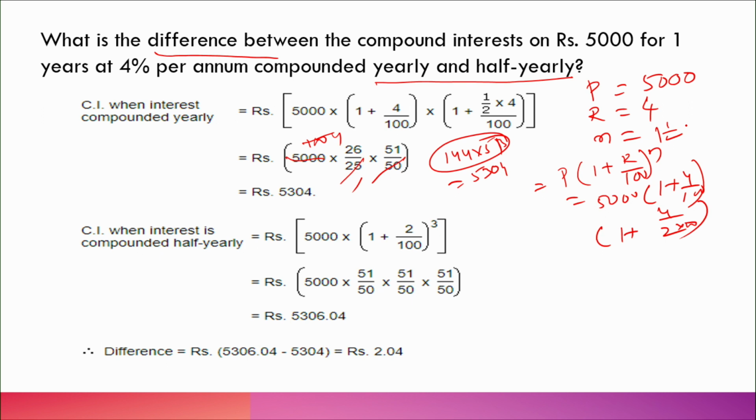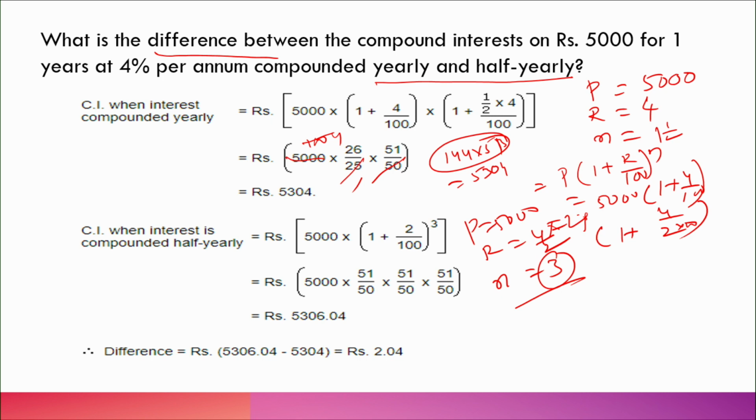How many half years are there in 1.5 years? There are 3. So in this case, P is 5,000, R is 4%, no change, but half R is 4 by 2, that is simply 2%, and n is equal to 3. This is a very important one.